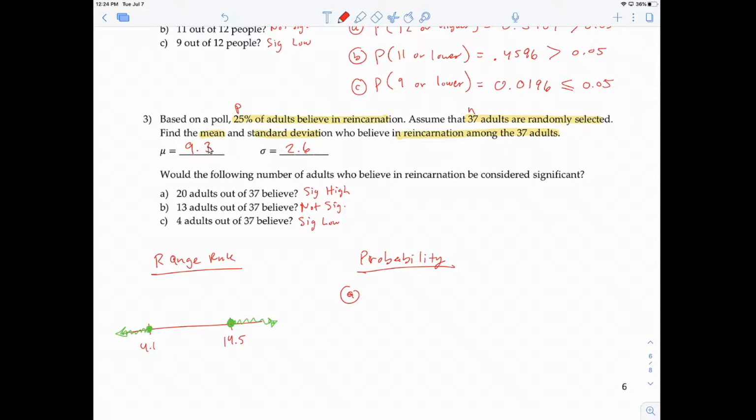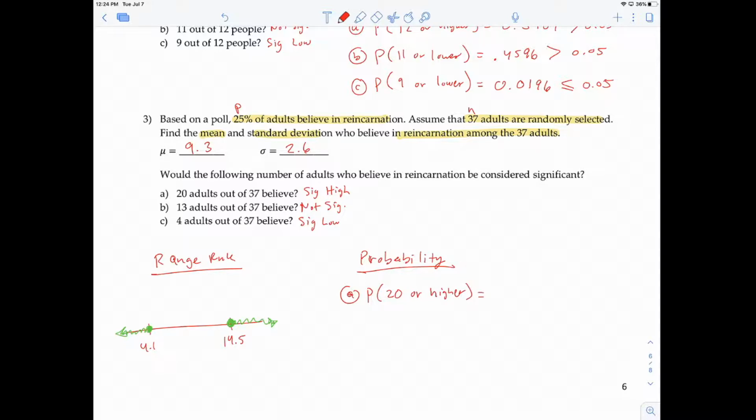So 20 is higher than 9.3, but the question is, is it significantly high? To determine whether it's significant, we need to calculate the probability of 20 or higher.